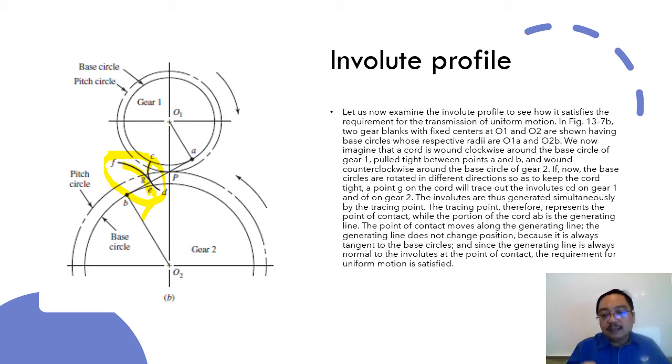But the way that both gears are connected, the curve is called the involute curve. This is how the author of the book wants to represent the theory, how it happens.